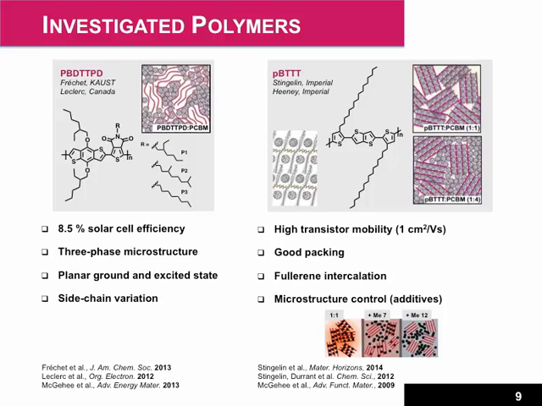But it's still very interesting to study it in conjunction with fullerenes, because the fullerenes can intercalate between the side chains of the polymer, forming extremely well-defined bicrystals. So we have excellent control over the microstructure, either by playing with the concentration of the fullerenes or by using some processing additives, which we did in collaboration with Professor Natalie Stingelin at Imperial College.